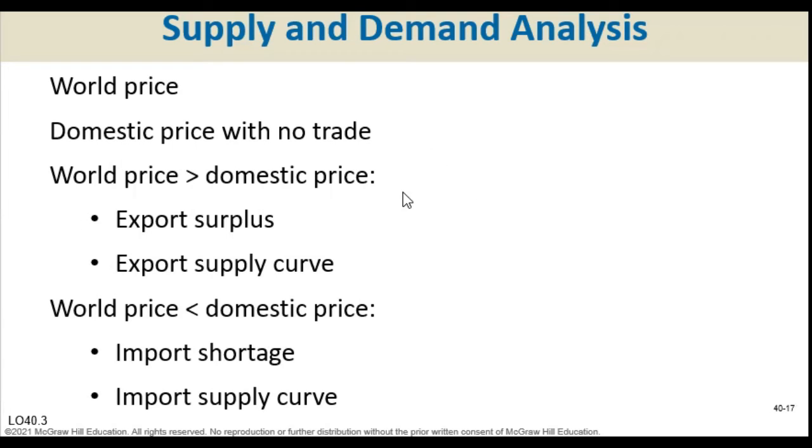So when the world equilibrium price is above the domestic equilibrium price, there is an export surplus, as suppliers produce more than the amount demanded by the domestic economy, and then export the surplus to take advantage of the higher world price. And if the world equilibrium price is less than the domestic equilibrium price, the opposite effect will happen.